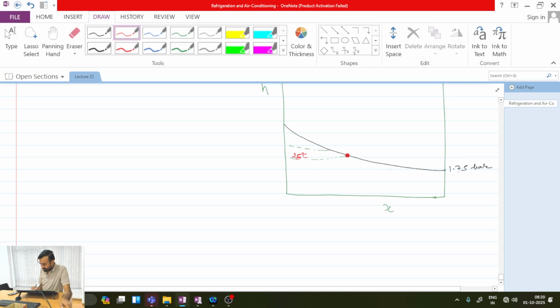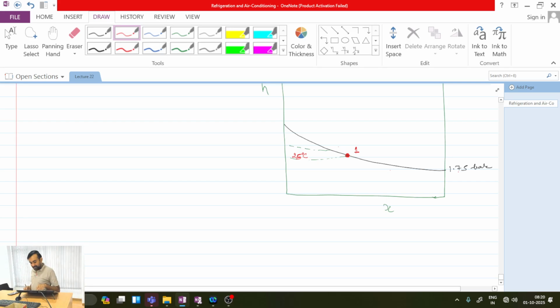and this is the point of intersection. The point of intersection will be nothing but my state number. It will be state 1. Anyone is having any doubt? This is state 1.